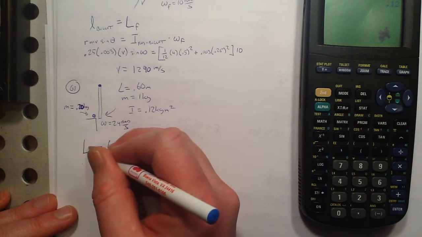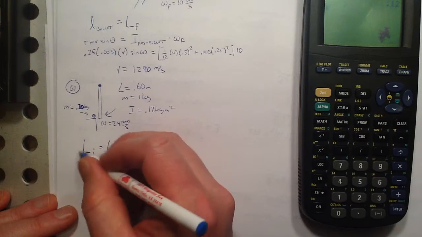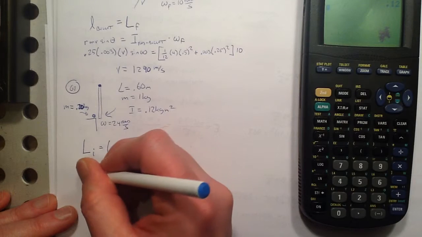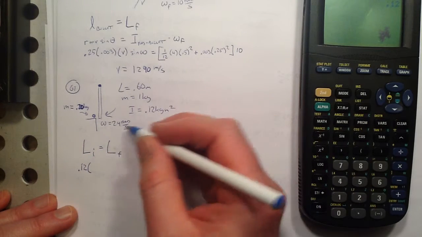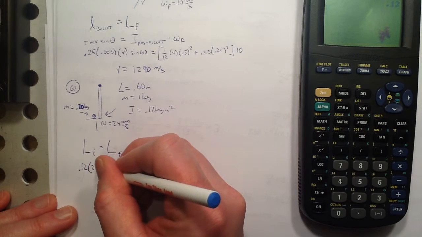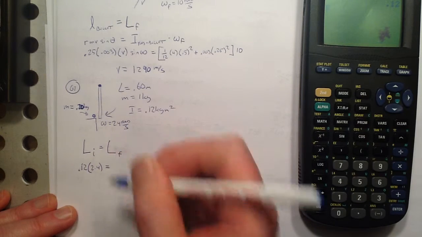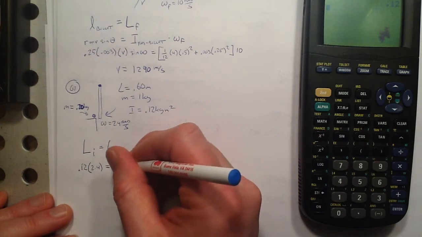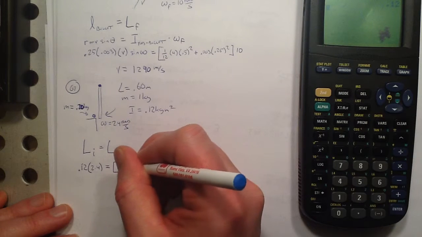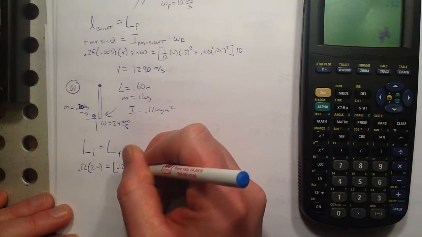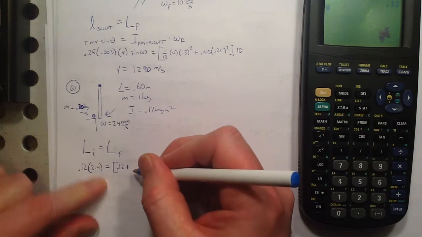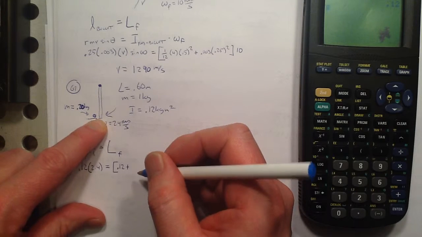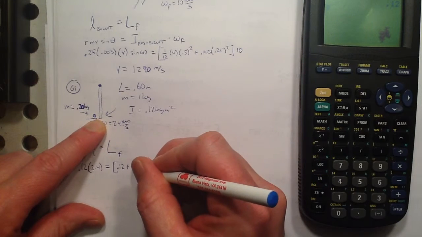So for the rod beforehand, we have an I omega before. After the collision, we have an I, that's the same I for the rod, plus the rod now has this wad of putty stuck to it. So that's an mr squared, adding this as a particle to the end of the rod.